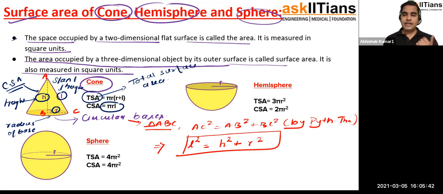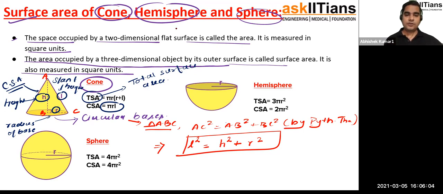You substitute the values of R and H, solve this relation, and you will get the value of slant height L. And if you can find slant height, you can easily find out the curved surface area of the given cone. So this relation is very helpful when you are provided any two values and you have to calculate the third value. We will see the application in the upcoming slides.